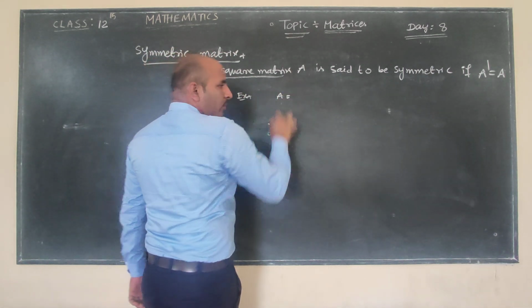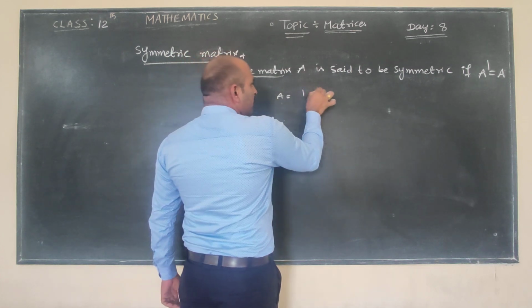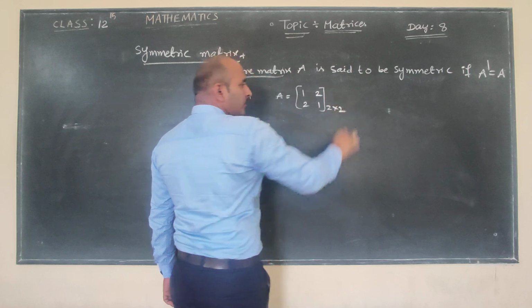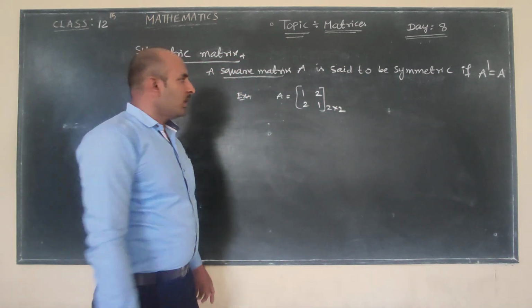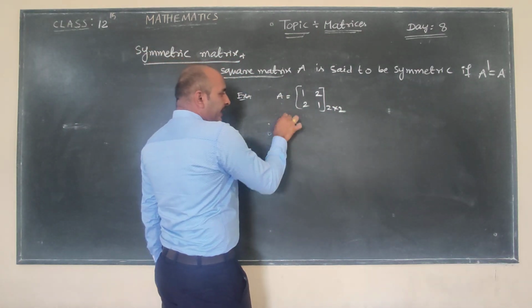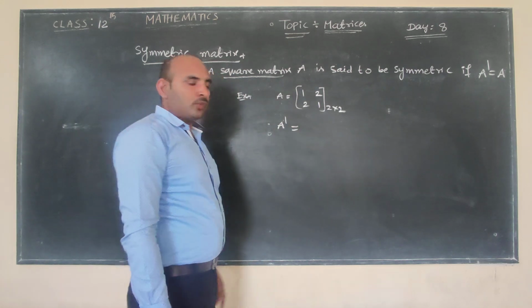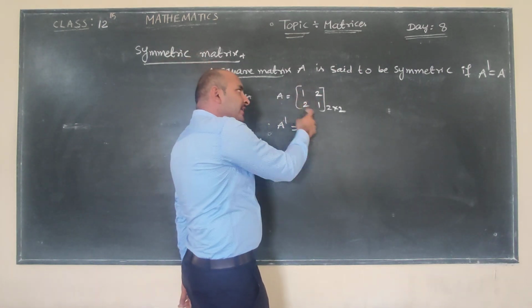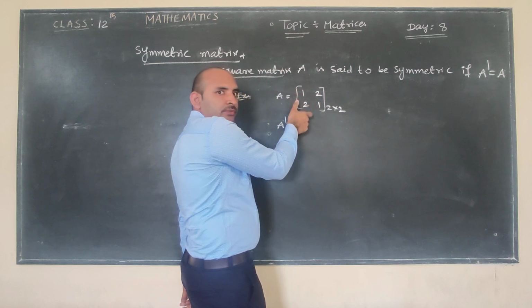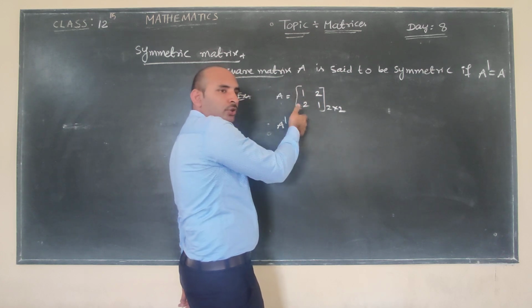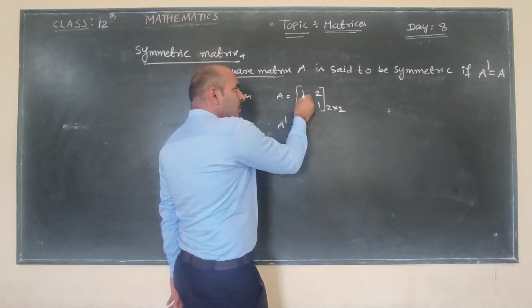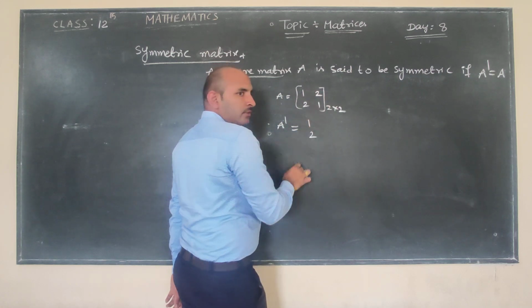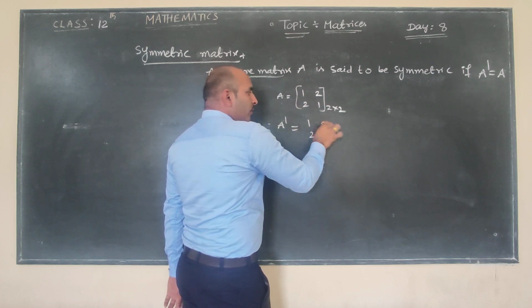For example, capital A is equal to 1, 2, 2, 1. This is a square matrix. So I am writing A transpose equal to, what is the definition of transpose of the matrix? Interchanging the rows and columns, or rows into columns. So I am writing rows into columns. The first row changes to the first column and the second row changes to the second column.